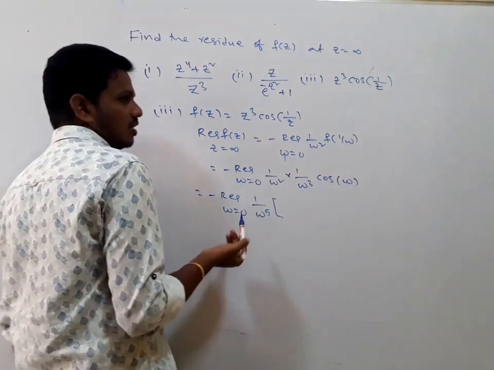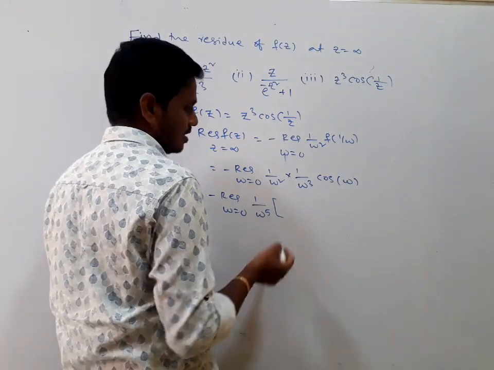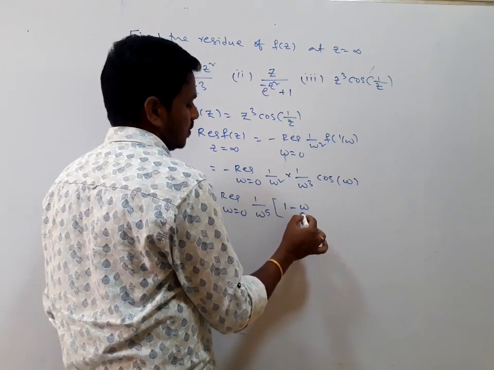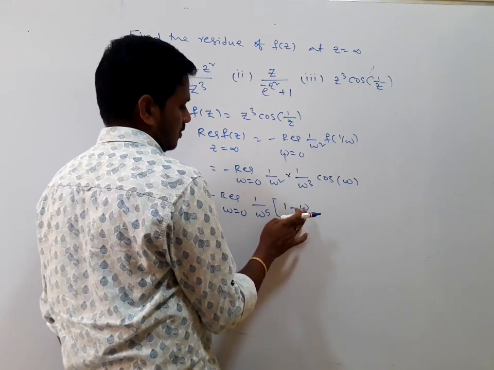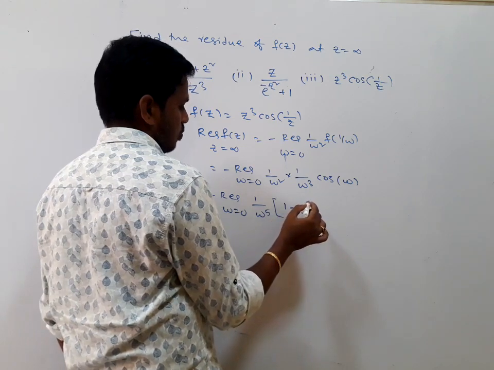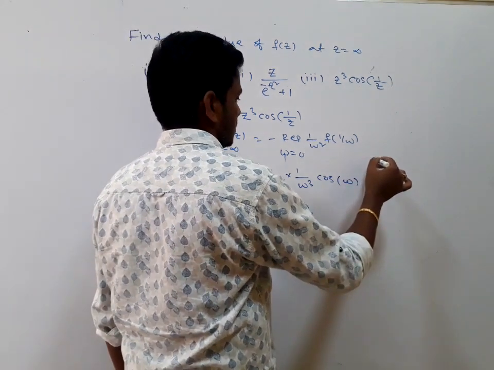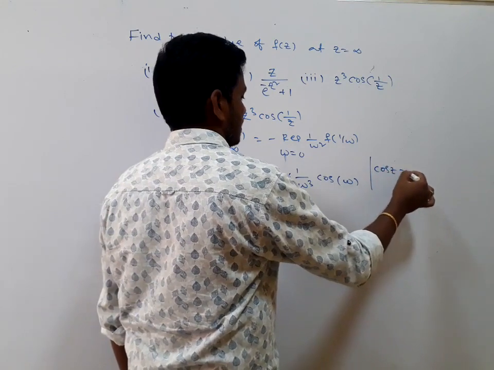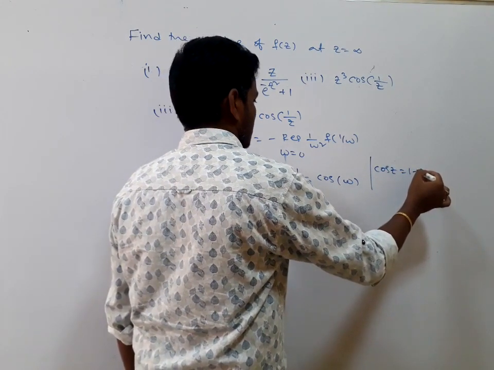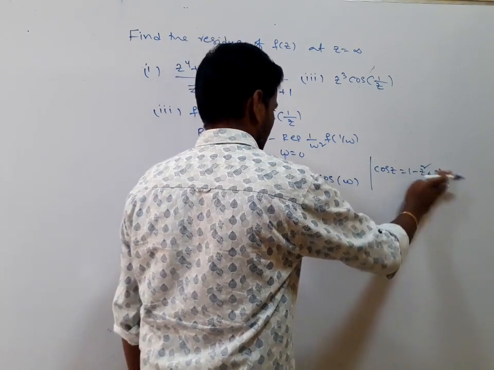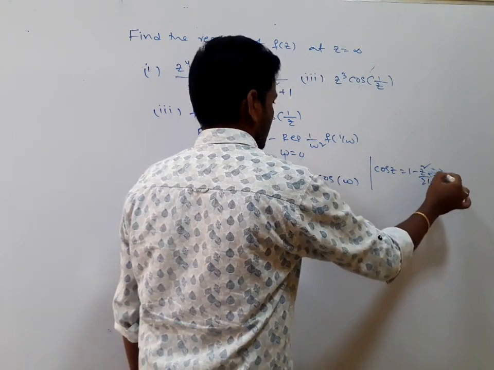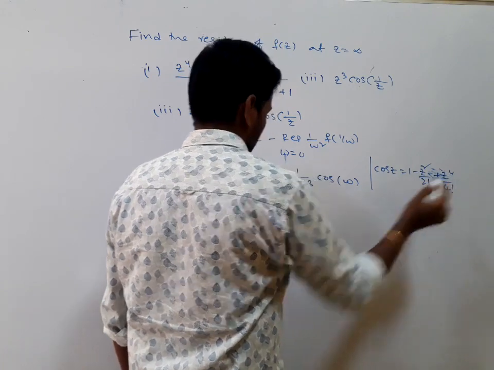You know the cos z expansion: 1 minus z square by 2 factorial plus z to the power of 4 divided by 4 factorial, and so on.